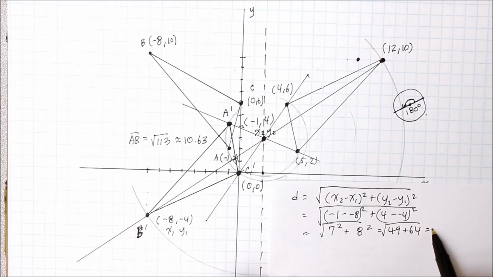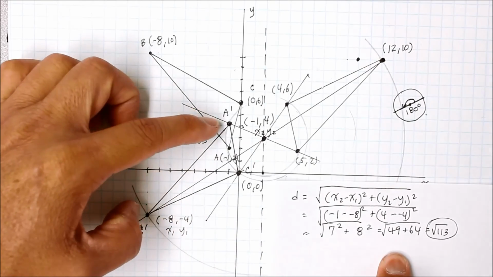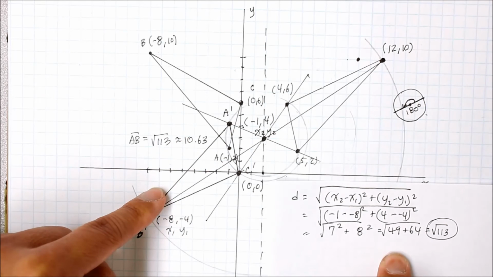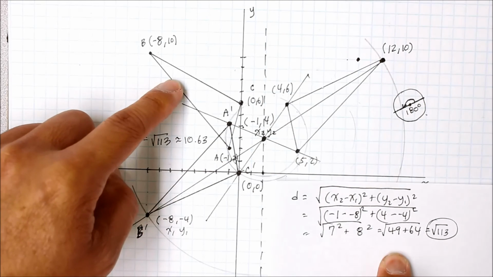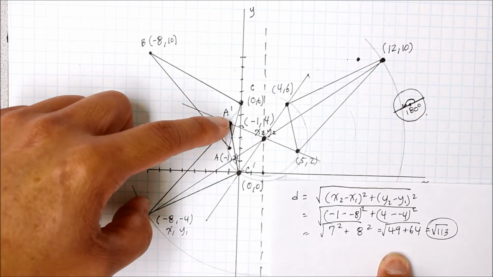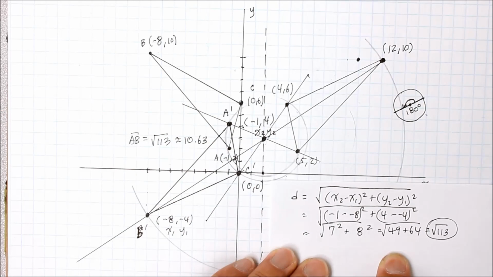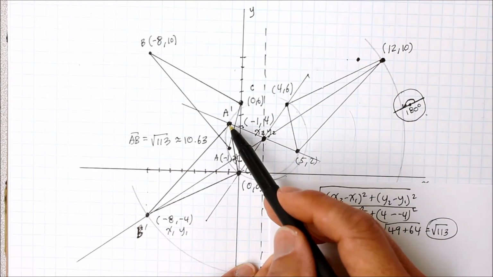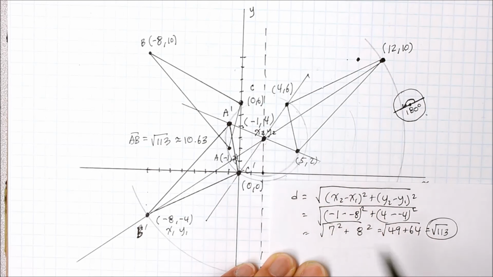That also becomes square root of 113. Voila! So even though the triangle was reflected and rotated, and moved from the initial position, the size and the shape have been maintained, as proven by the distance between A prime and B prime, and it should be all congruent for every distance between all the vertices.